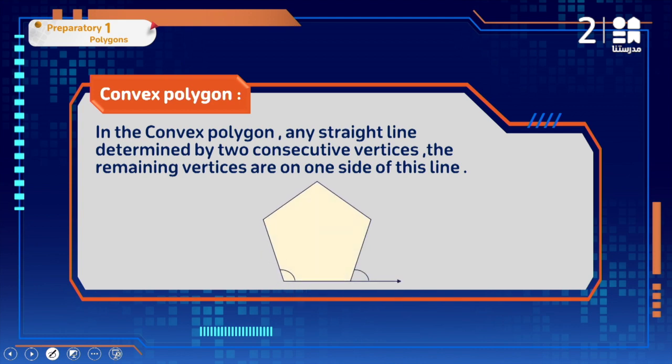Here we have a pentagon. How do we know? Because it has 5 sides: 1, 2, 3, 4, 5. And here we have a side, then a vertex. This is the vertex. Then the interior angle is inside the figure.